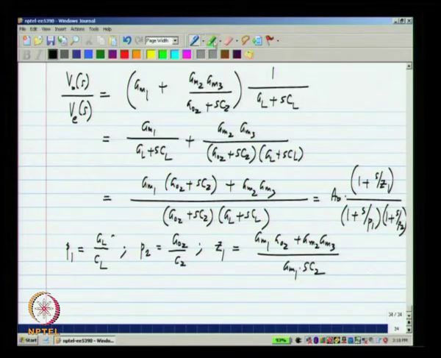Okay. Because we expect GO, the output conductance, to be much smaller than the transconductances, this can be approximated to GM2 GM3 by GM1 times C2. Okay. This is not SC2, but merely C2.